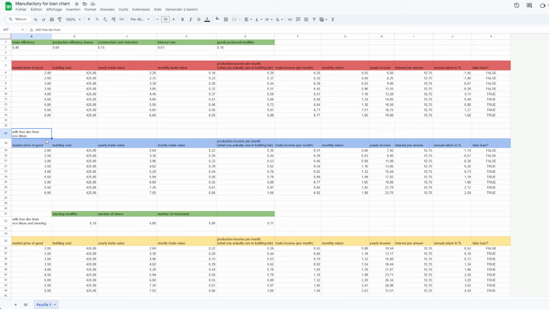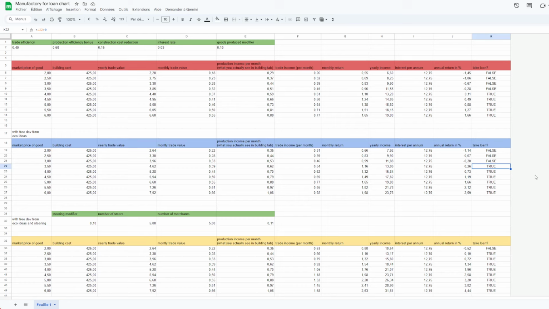So instead of giving you one goods produced per month, the manufactory will give you 1.2 goods produced because there is the 0.2 from the Diplo development. So we can see that it's already much more profitable. You can begin investing, taking loans at only 3.5 market value here.